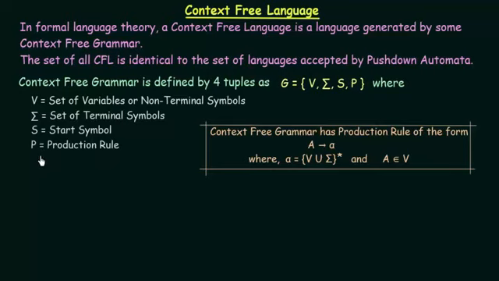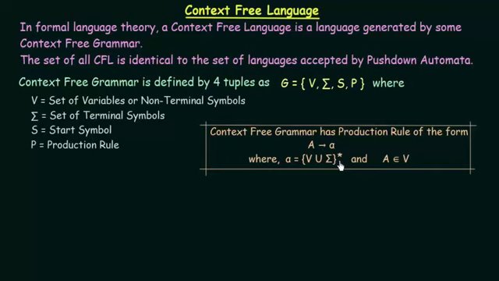Actually, the difference lies in the production rule. In context-free grammar, it has a production rule of the form A gives alpha, where alpha is (V union sigma) closure. So that means that alpha can be a non-terminal symbol or a terminal symbol.